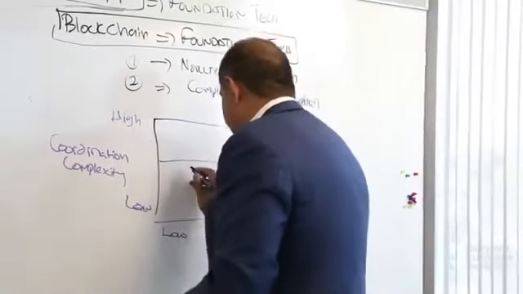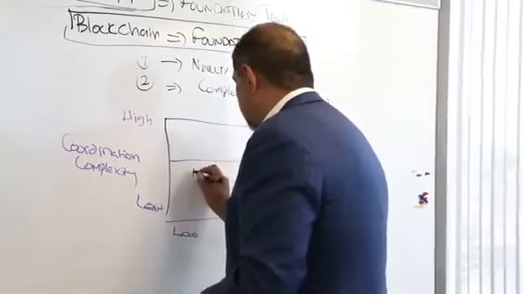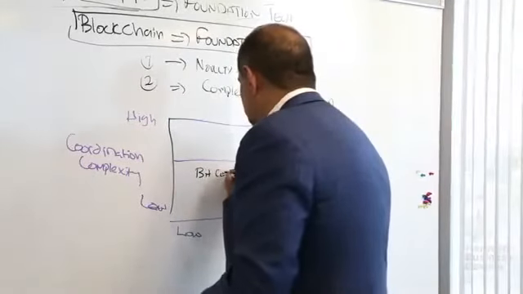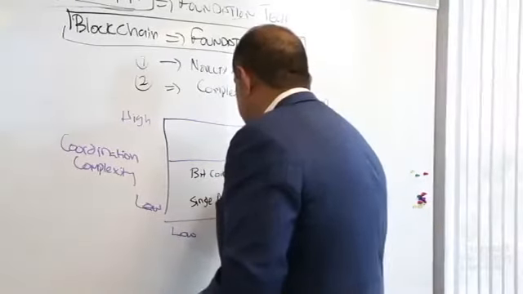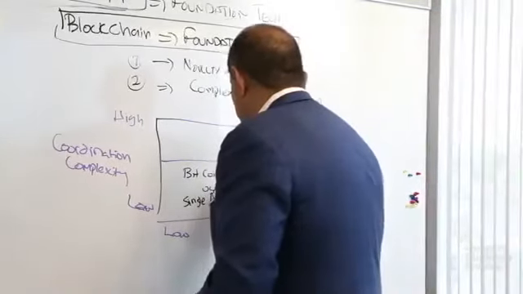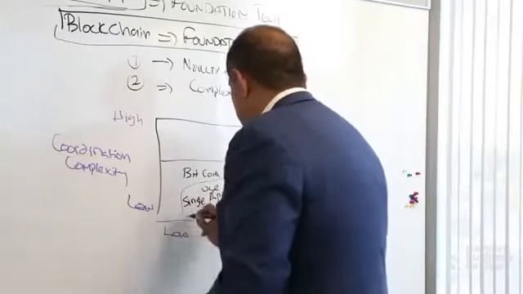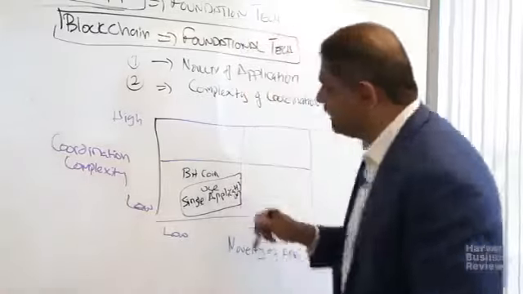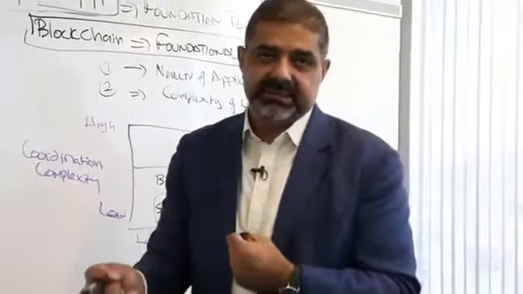So in this way, we can think about Bitcoin, right, as a single-use application. Right, where basically what we're doing is we're saying, I need currency, I need digital currency.